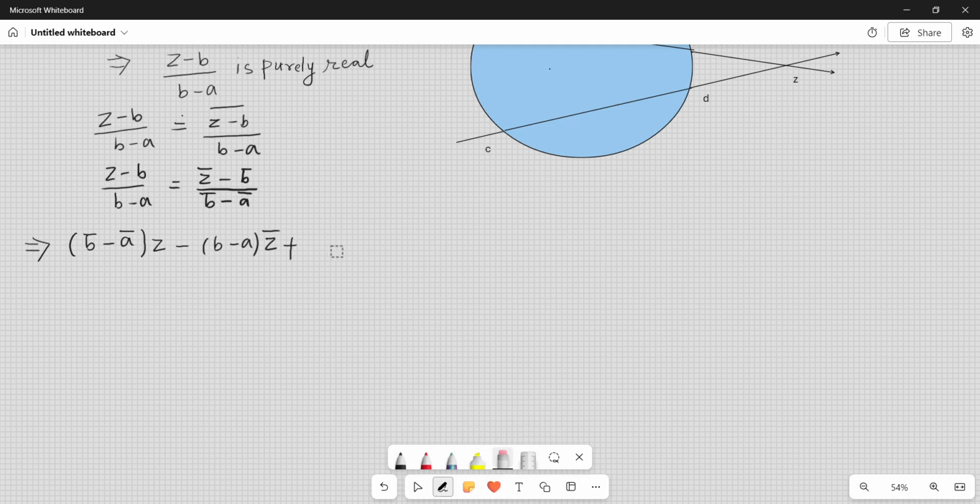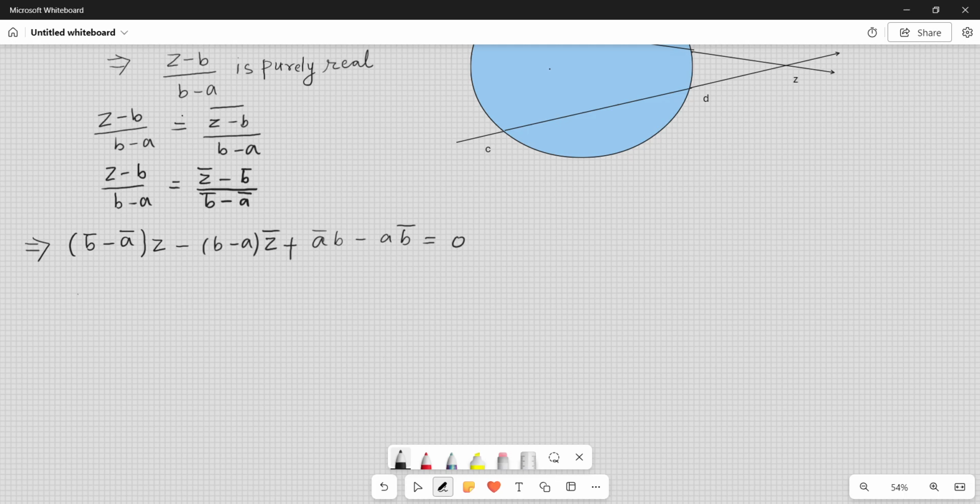A-bar B minus A B-bar, and that is equal to 0.